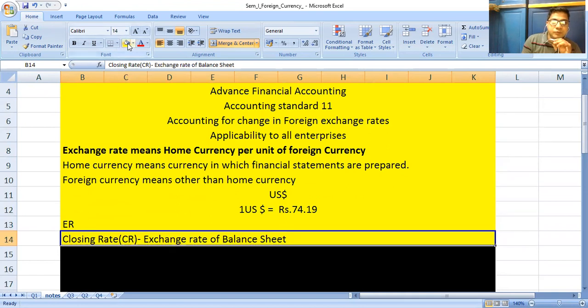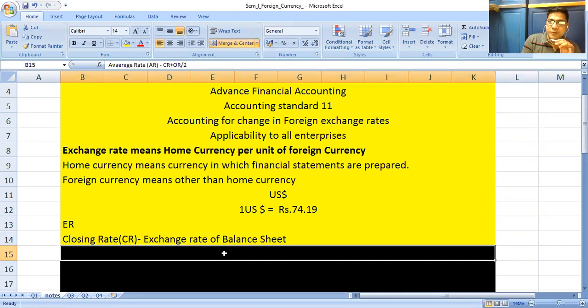Now we have to think about which rate we have to consider. The closing rate means the rate at the end of the financial year. This rate we have to use for our balance sheet. Whenever we prepare our balance sheet, we have to consider the closing rate.